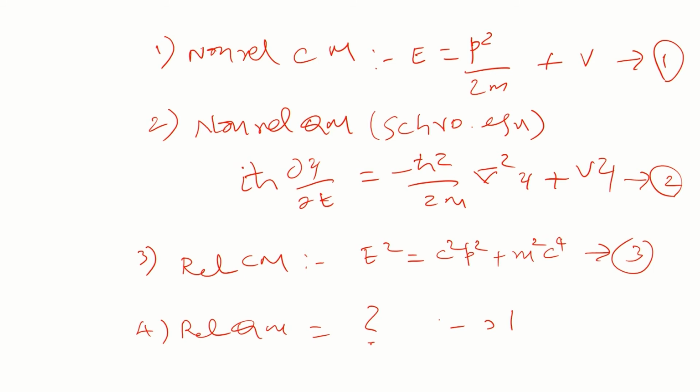In this equation, E is a classical parameter. Equation 1, E is energy, a classical parameter, whereas P is momentum, again a classical parameter. Here m, mass, is a universal constant, and V is the potential energy. Comparing these two equations, for the classical parameter E, in the quantum mechanical equation it is iħ ∂/∂t.